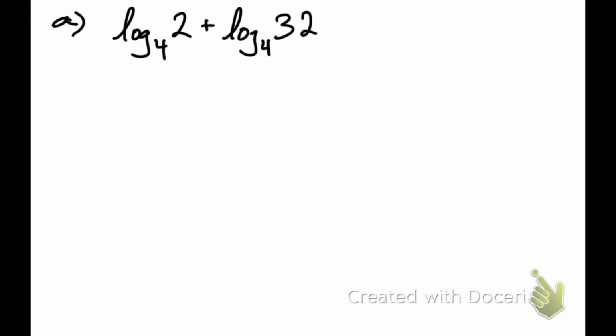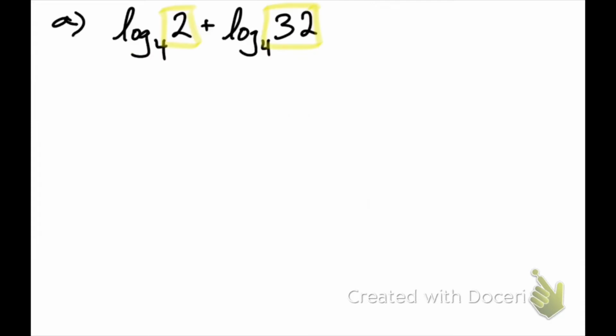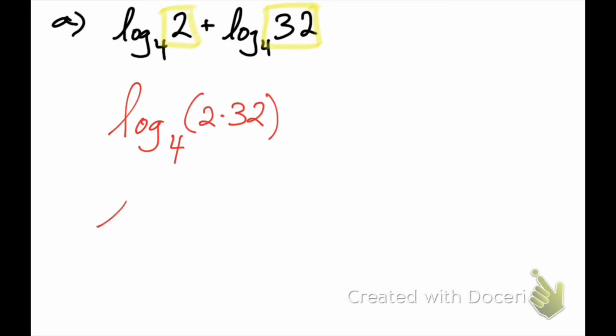So how do I write this as a single logarithm? This would be m and n. I can rewrite this as log base 4 of 2 times 32, which will give me log base 4 of 64.